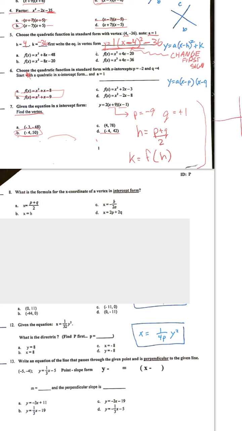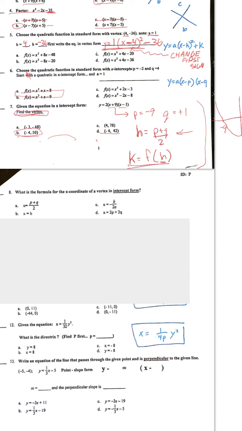So if I was to graph this, it would have intercepts at -9 and 1. But we really want h and k, the vertex. This is the equation for h, which I copied from the formula sheet that you have. And to figure out k, once you know h, you just plug it in for x. That's what that means. All right, next problem.